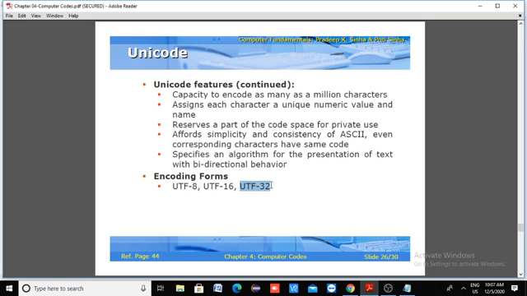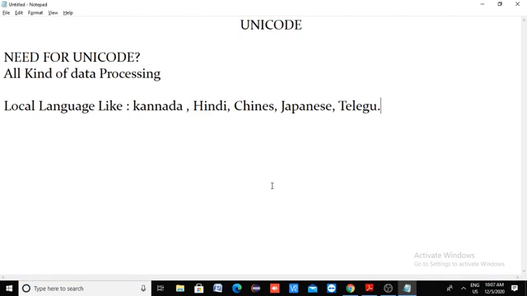So what do you mean by UTF-8? UTF-8 stands for Unicode Transformation Format 8.